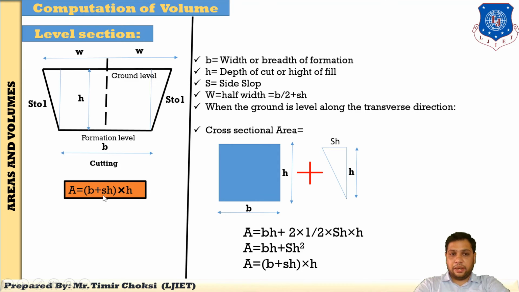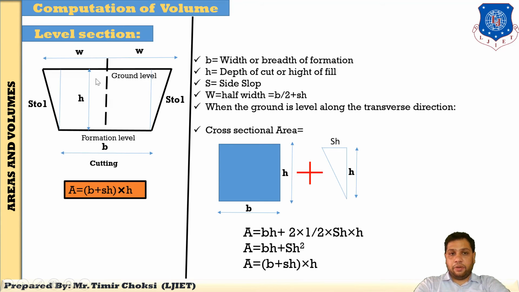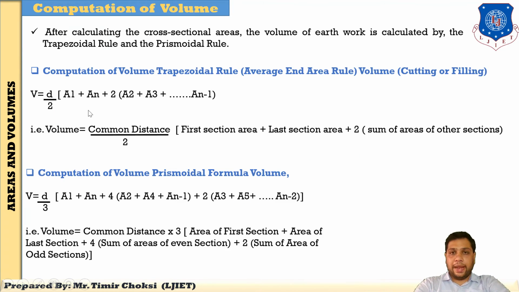The cross sections are taken at different levels, meaning different distances, so you find A1, A2, A3, A4, different areas. Put these values directly in the equation to find the volume. So volume equals D by 2, A1 plus AN, the first area plus last area, plus 2 in bracket, sum of all the other section areas.